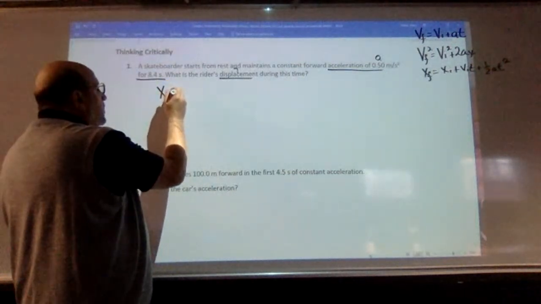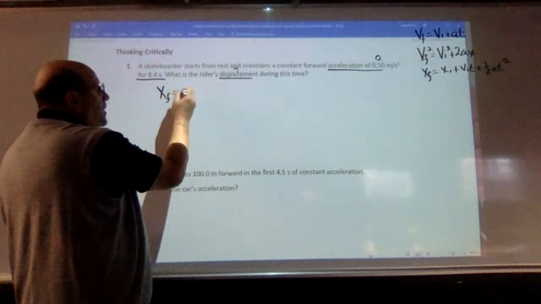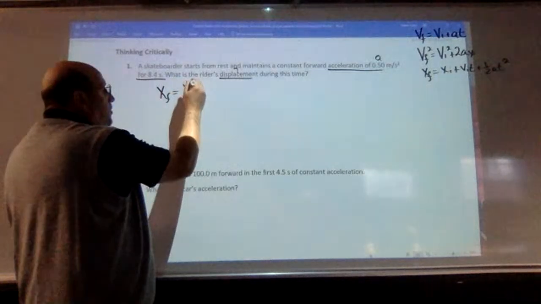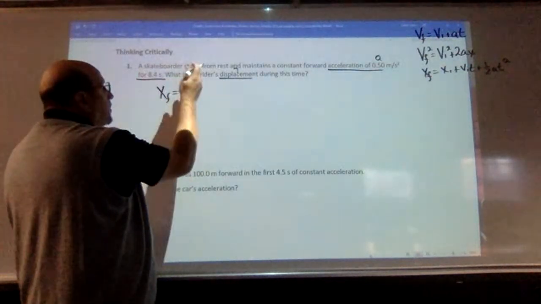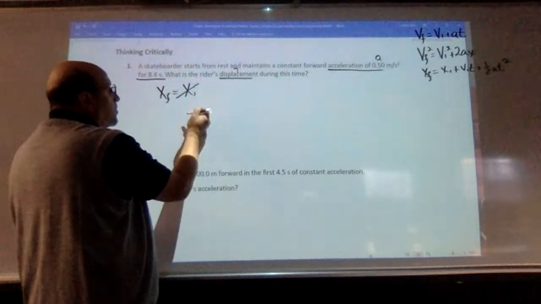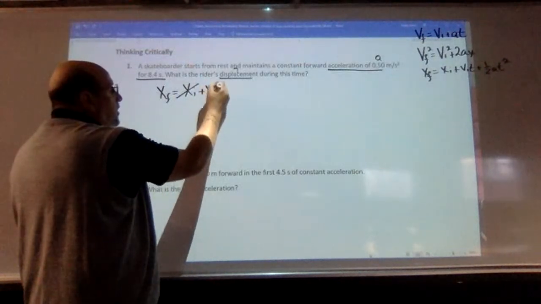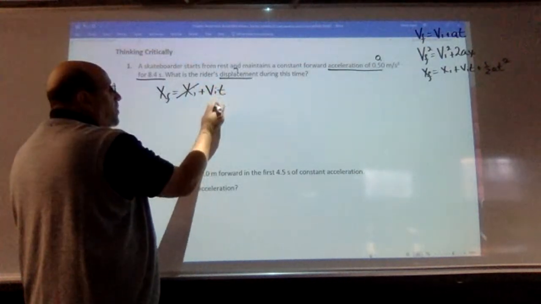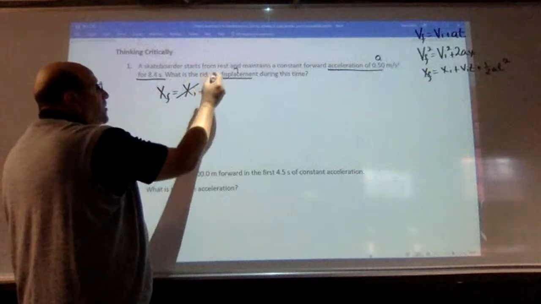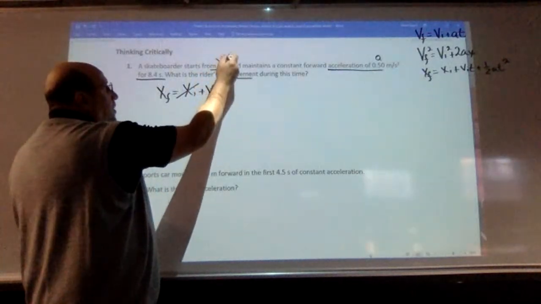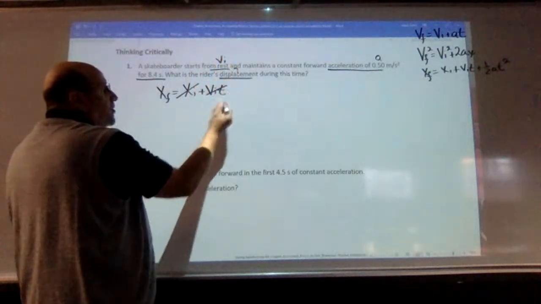The final displacement, that's what I'm looking for, is equal to the initial displacement. Well, it starts from rest, so there's no initial displacement, plus initial velocity times time. Well, it starts from rest, which is our initial velocity, so that goes away as well.